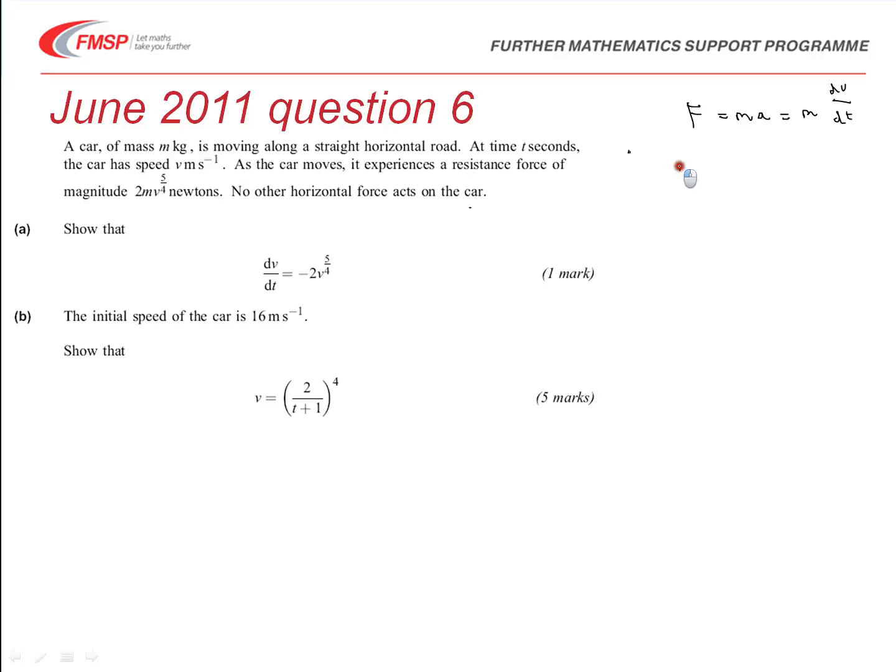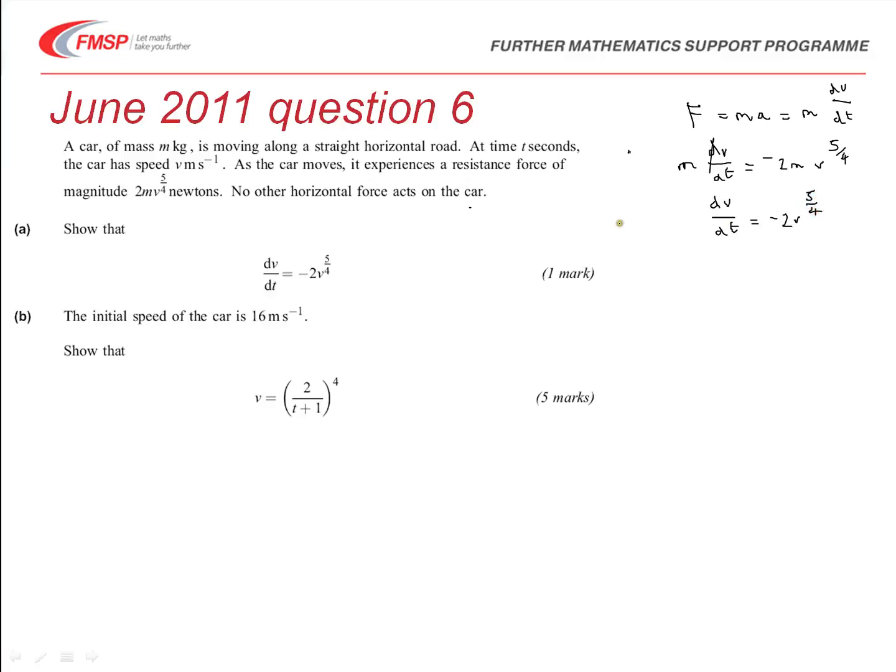So we can say that m dv by dt is equal to minus 2m v to the 5/4, and so if we then divide through by m, we get dv by dt equals minus 2v to the 5/4 as required.